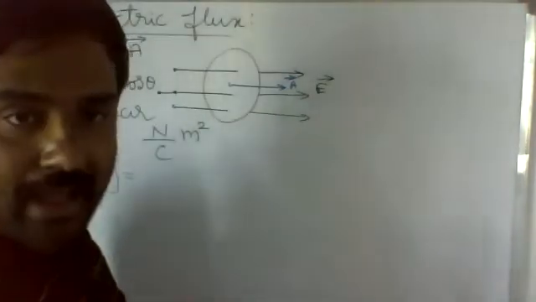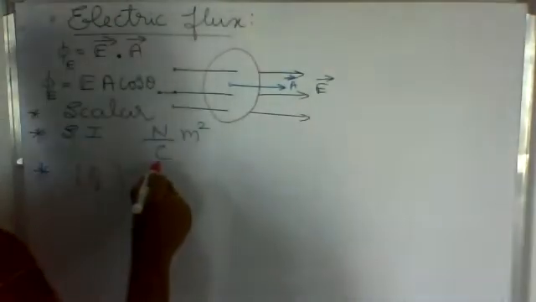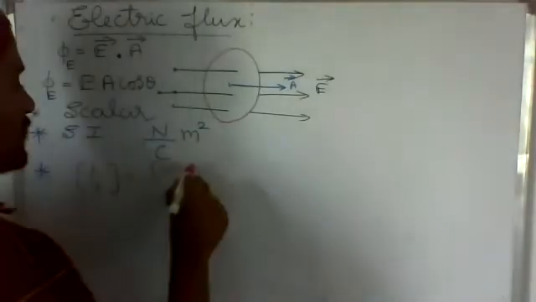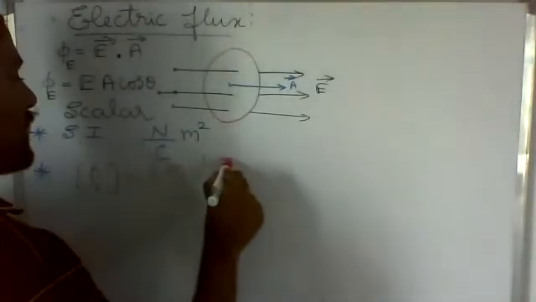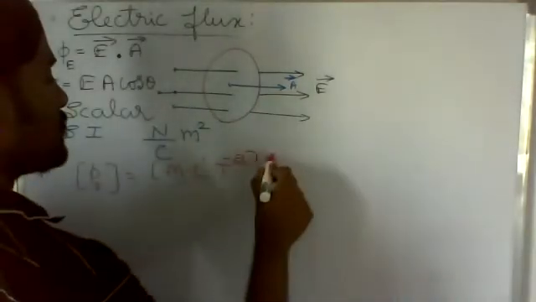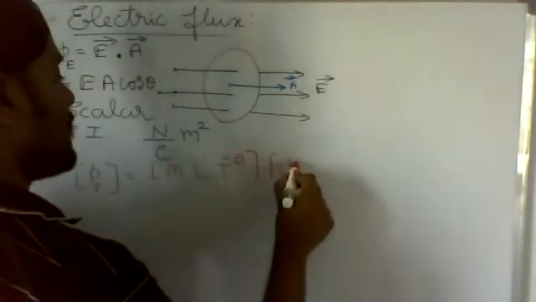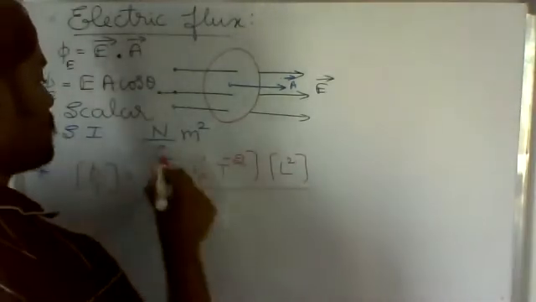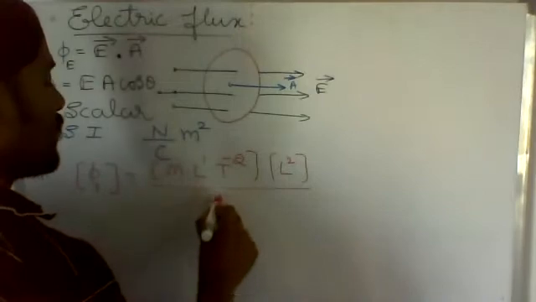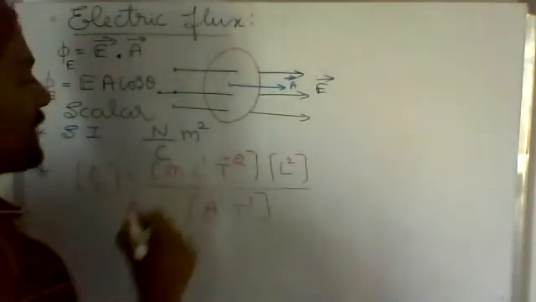Force is mass into acceleration, so the dimensional formula of force is M L T power minus 2. Dimensions of meter square are L square, and dimensions of charge are one in ampere and one in time.